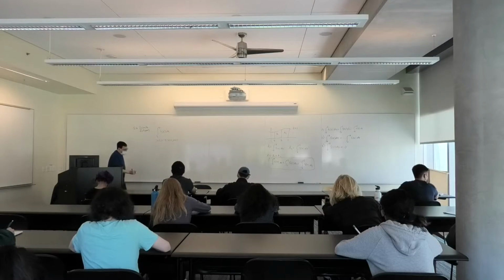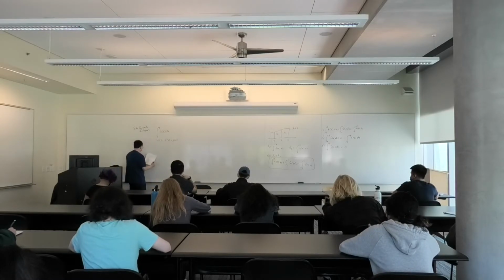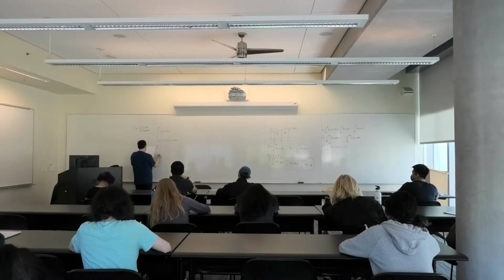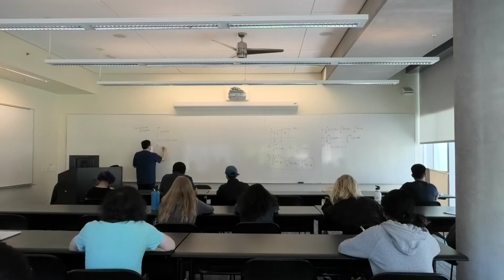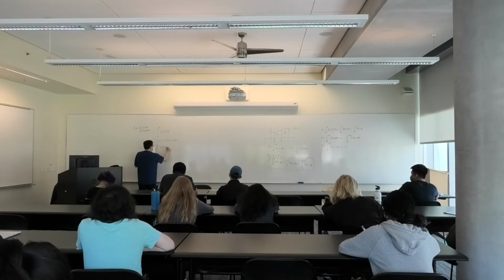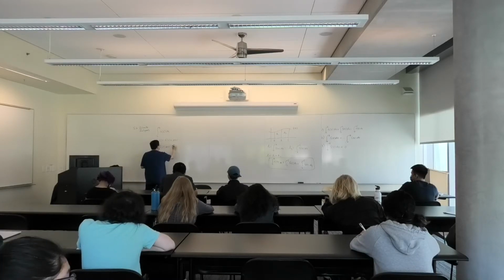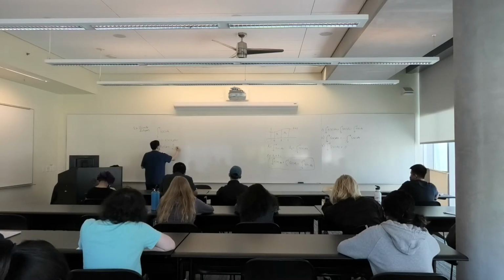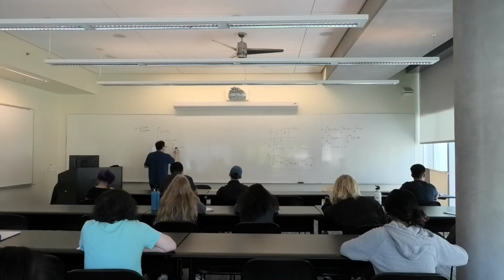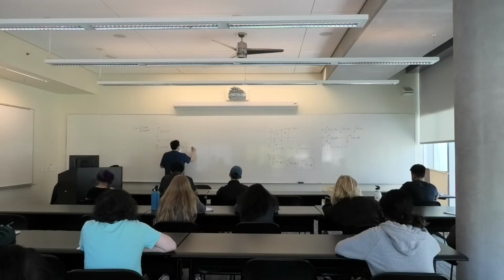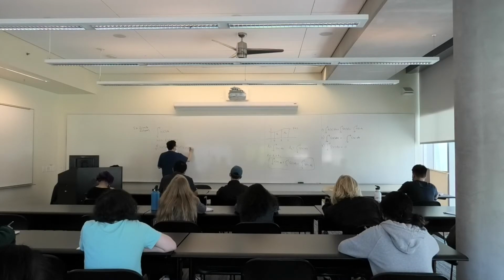And, going back to our original definition, the sum of h of x star delta x would be the sum of g of x star delta x plus the sum of f of x star delta x.